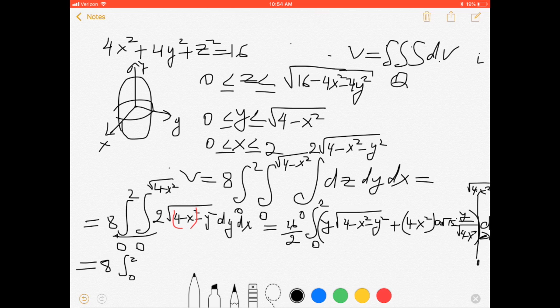Arcsine, okay, I write this better: 4 minus x squared times arcsine 1. If you plug in the lower border, it will be all 0. Arcsine 1, not c.